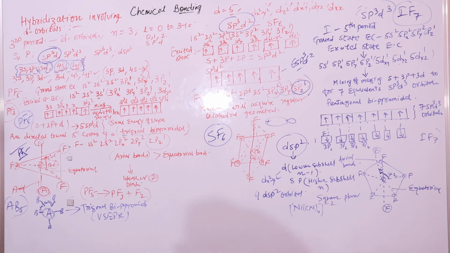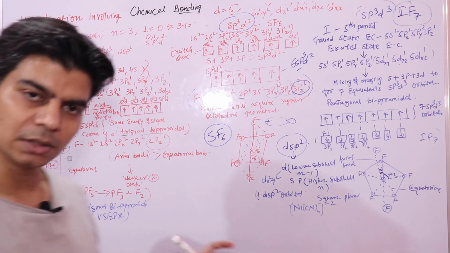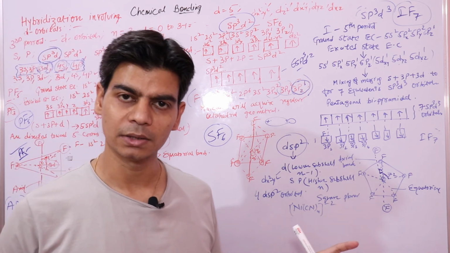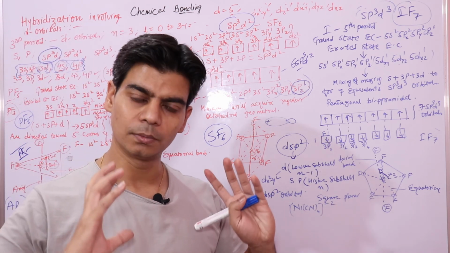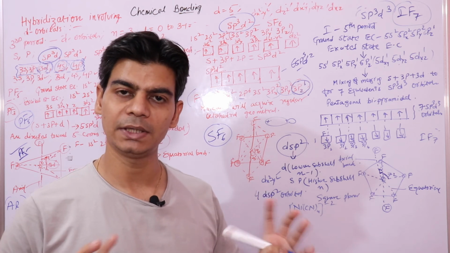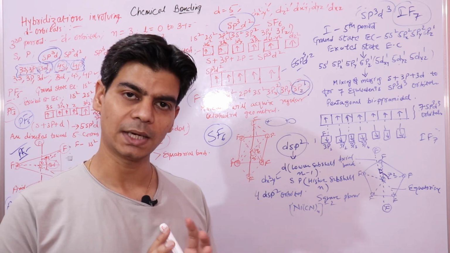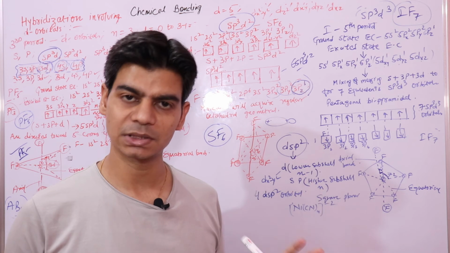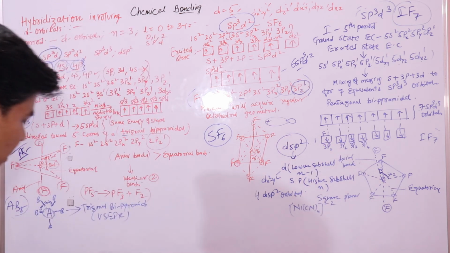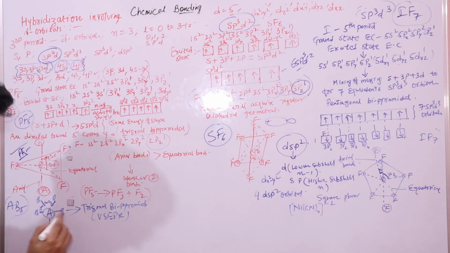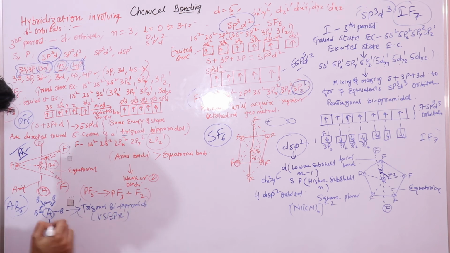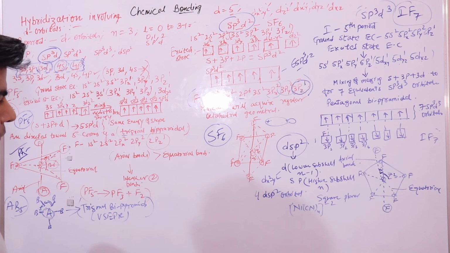If the central atom is surrounded by 5 bond pairs, they will repel one another and move away from one another, such that these bond pairs are at maximum distance from one another. Their maximum distance would be possible only if the 5 bond pairs acquire trigonal bipyramidal shape.